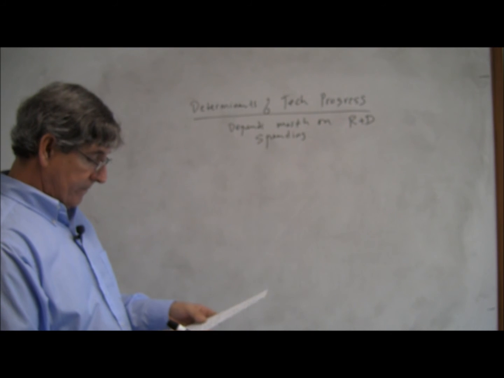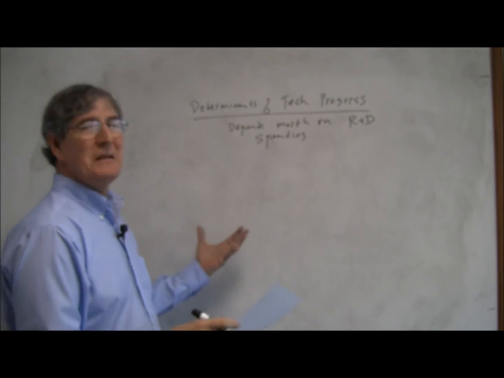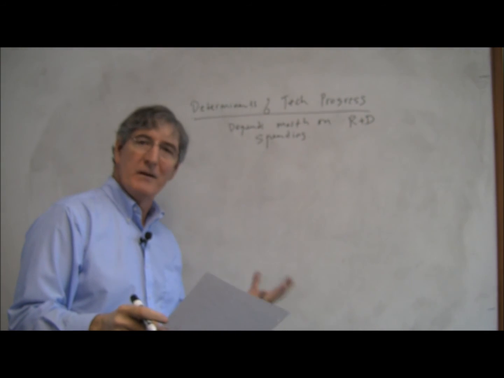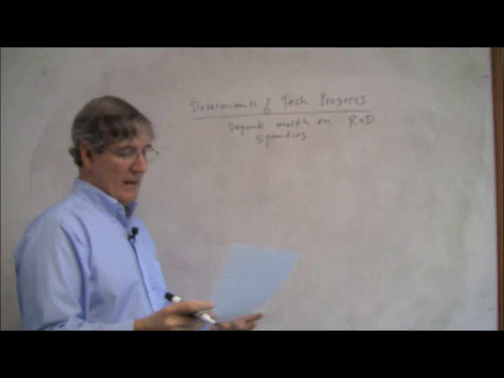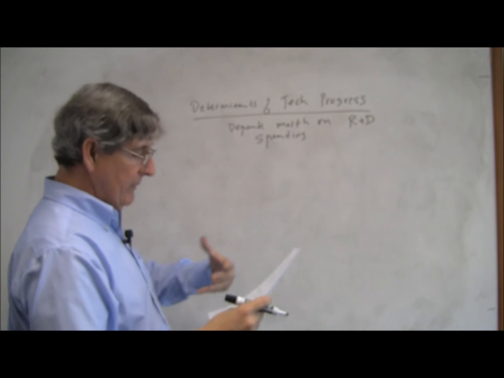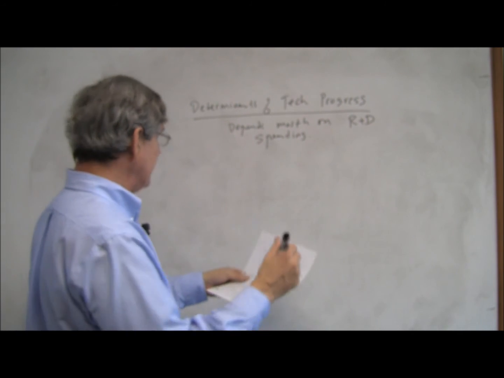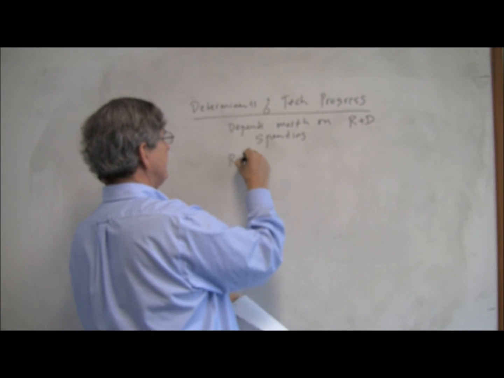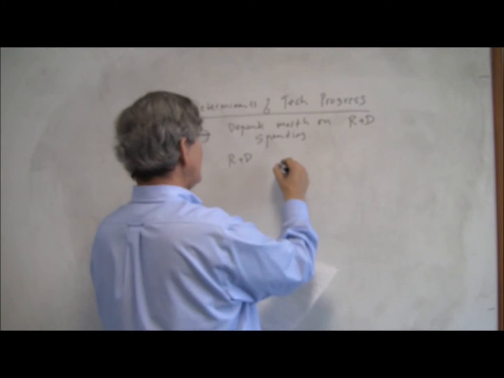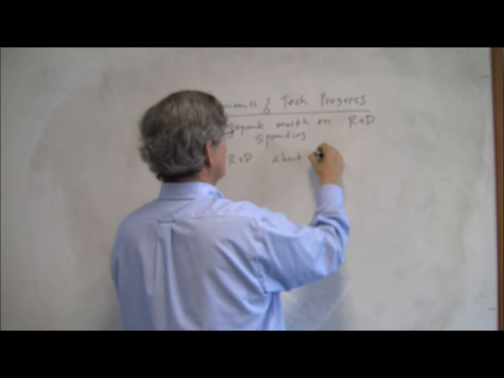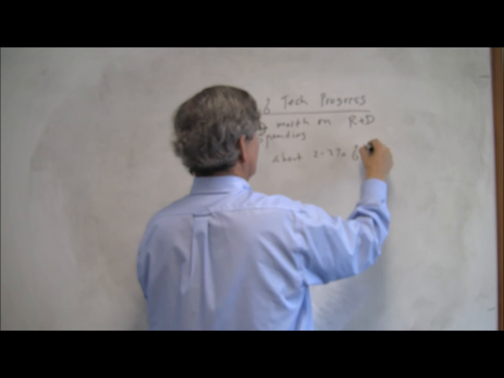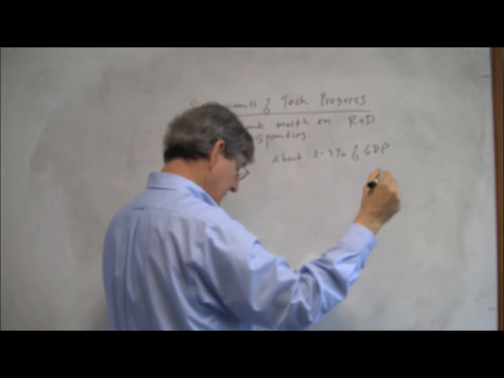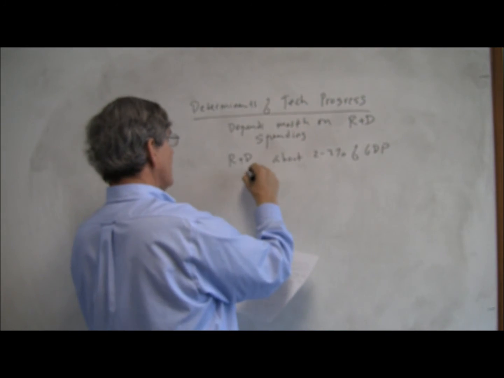You basically get infrequent major discoveries that really help you a lot, so you need to be continuously looking to find those things. R&D, research and development, is about 2 to 3% of GDP in most developed countries.